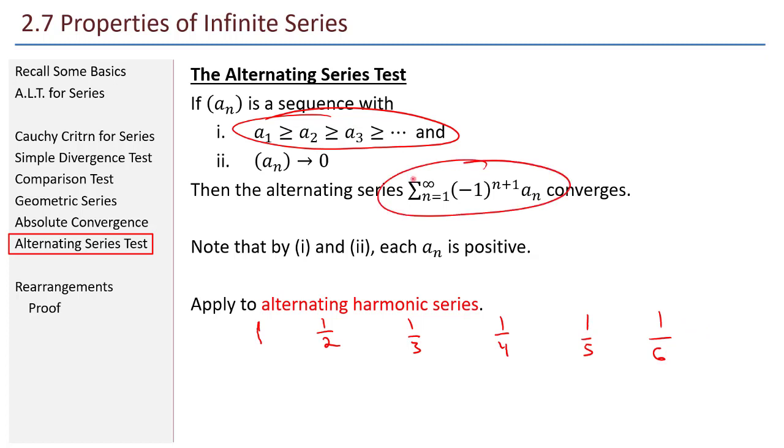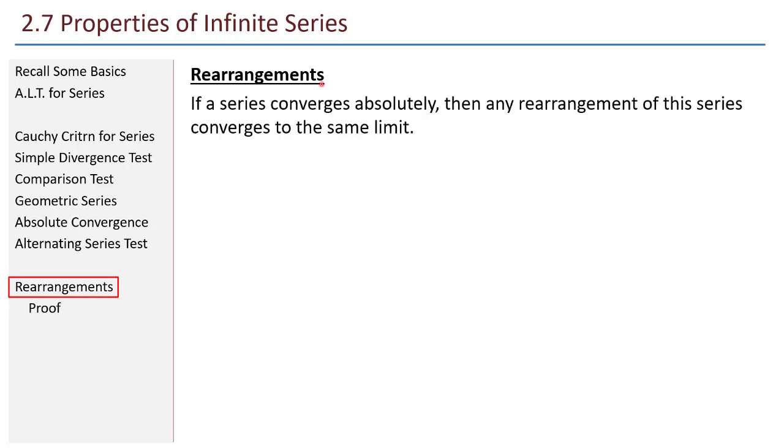Then if I create a sum of that, and I alternate my pluses and minuses, so 1 minus a half, plus a third, minus a fourth, plus a fifth, minus a sixth, on and on, then the alternating series test tells me that this will converge. Proof is omitted.